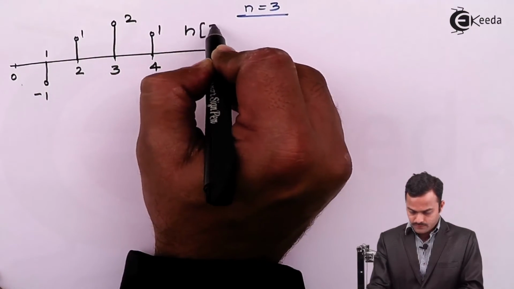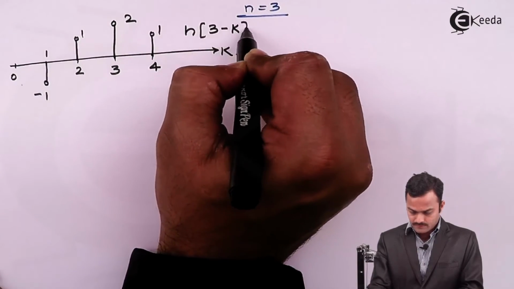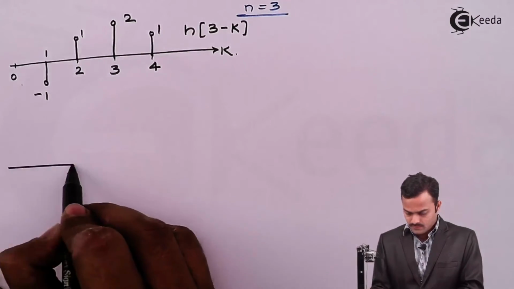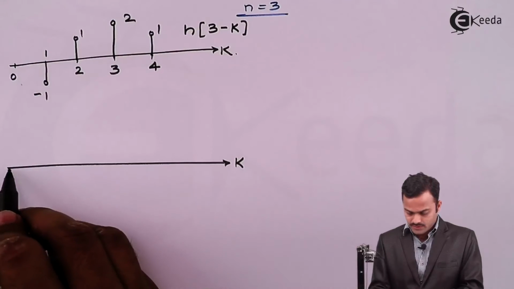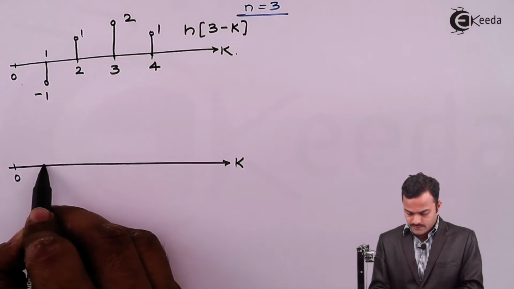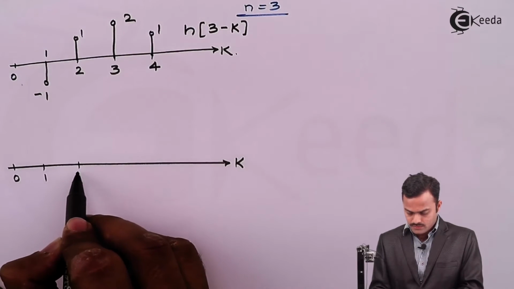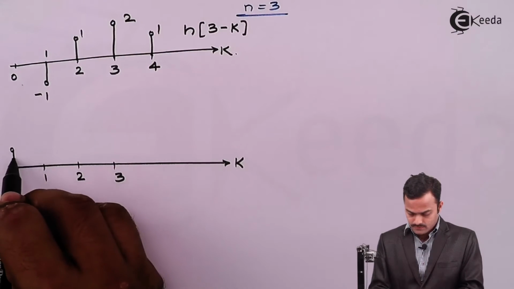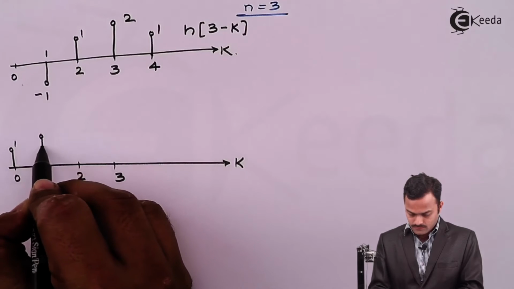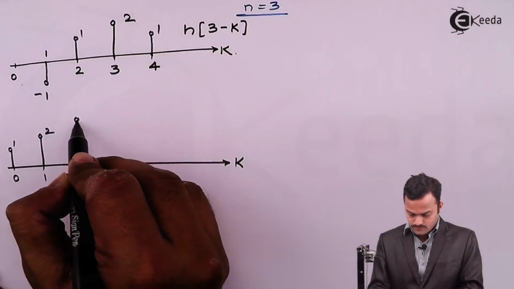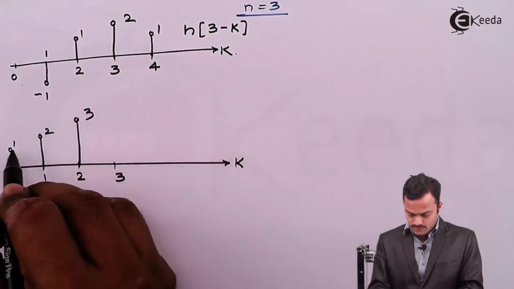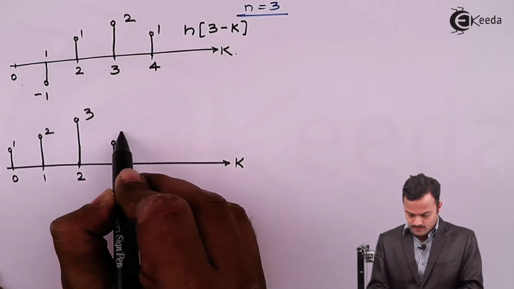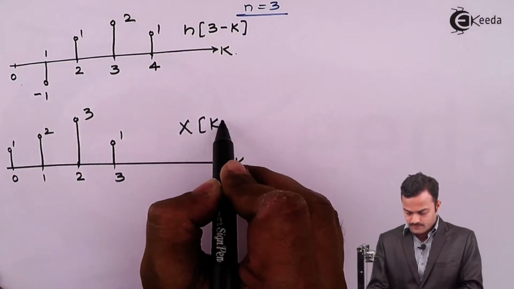H of 3 minus k. And then we have over here x of k, which will have the values at 0, 1, 2 and 3, and the values are 1, 2, 3 and 1.